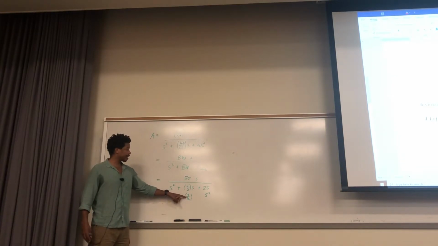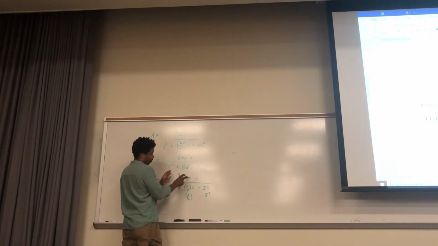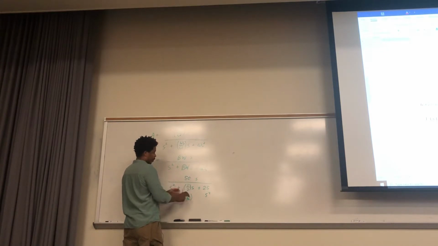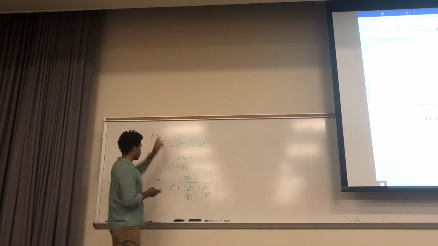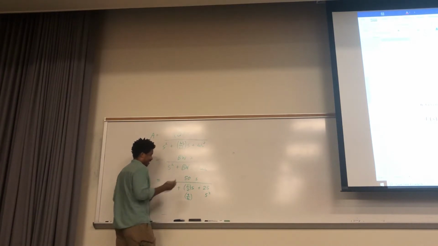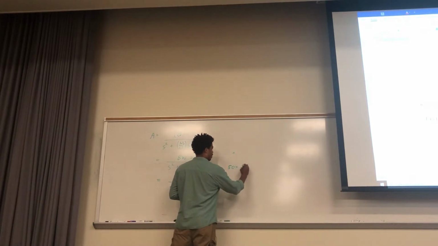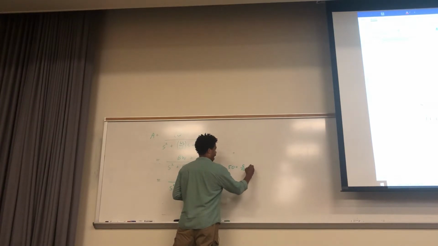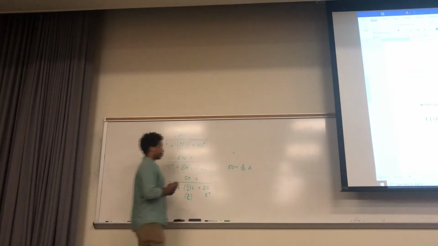Before we get too far, we got to take care of this 50. So this 50 has to be equal to 5 over 10, and then it may have some factor here, A, to deal with, right?